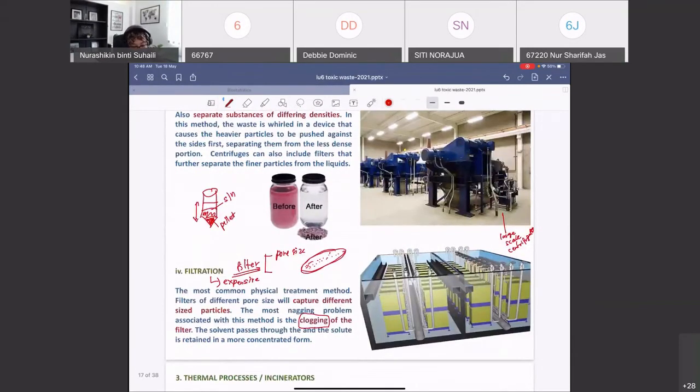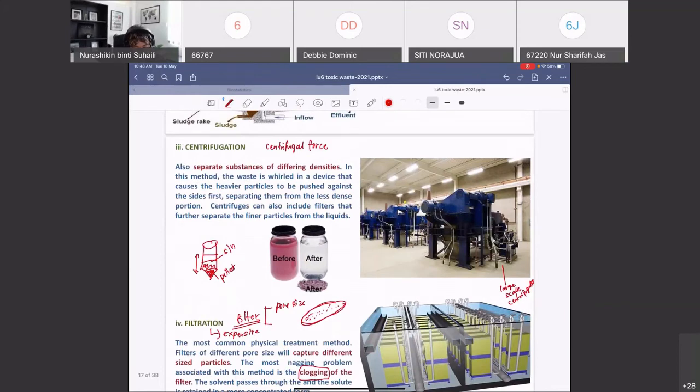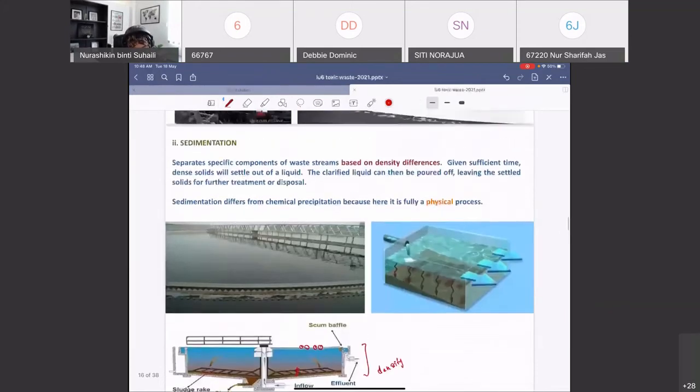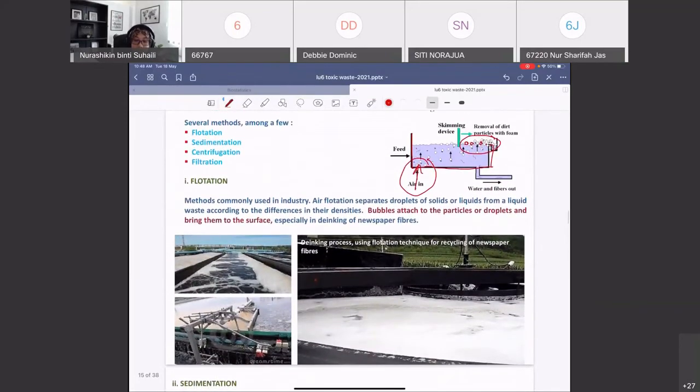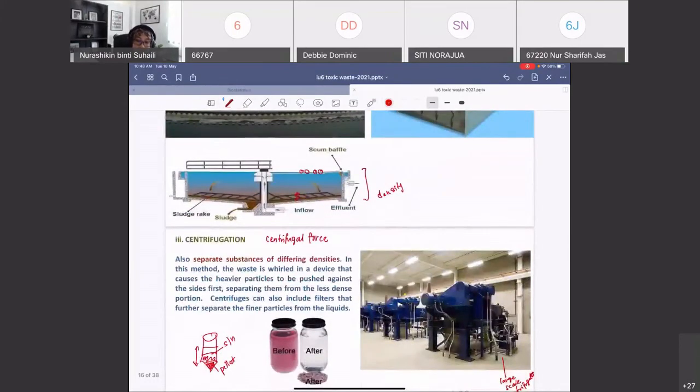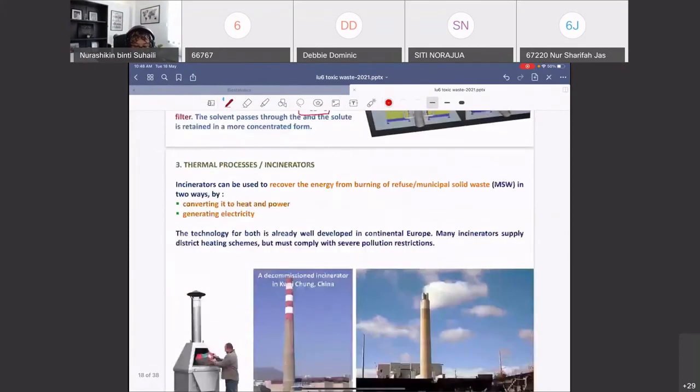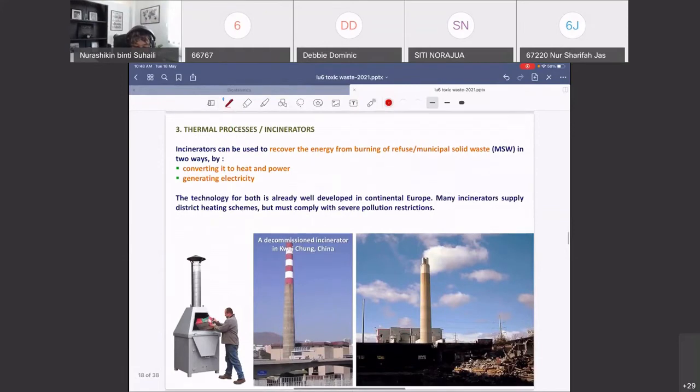Right. So those are the physical processes: filtration, centrifugation, sedimentation, and flotation, which can be applied to separate or remove toxic materials. The third non-biotech method that we are going to look at is thermal processes, or incineration. Incineration means burning the materials, but we don't call it burning, we call it incineration.